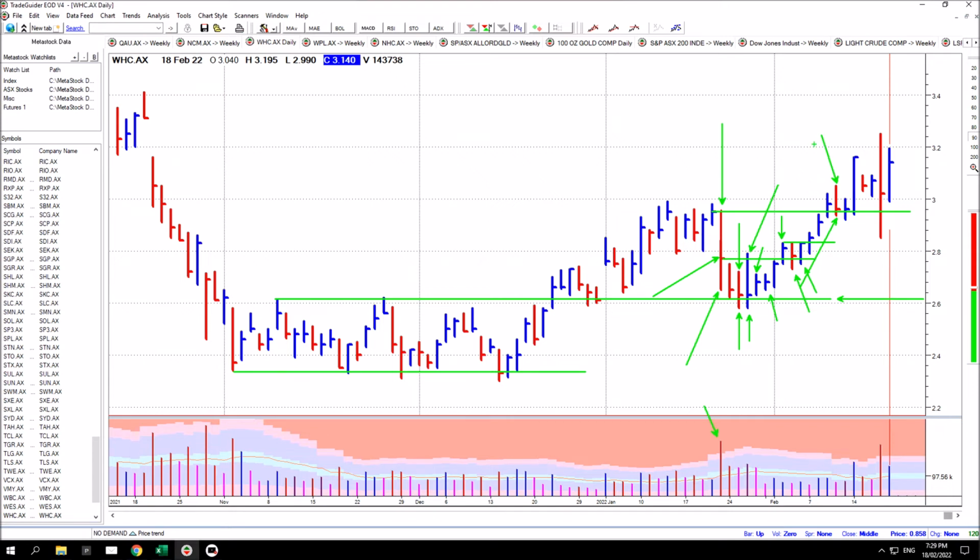Here's another one of those bars where price has closed poorly, but it's held on at the important level. Then you have another little test bar with a bit of a weird top on it, but that's what it is. It's mostly a test bar. And then price has accelerated higher in response.